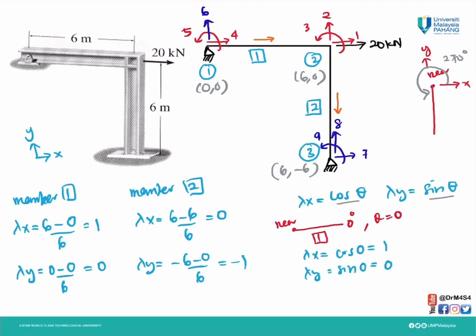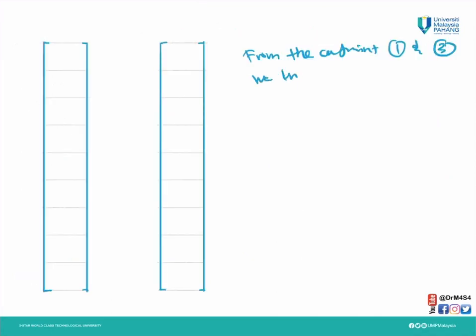Then we need to identify our matrices Q and D. From the constraints at 1 and 3, we know our known D, D6 to D9, is 0. So we need to find our matrix for Q. This one is for Q, this one is for D: 1, 2, 3, 4, 5, 6, 7, 8, 9.